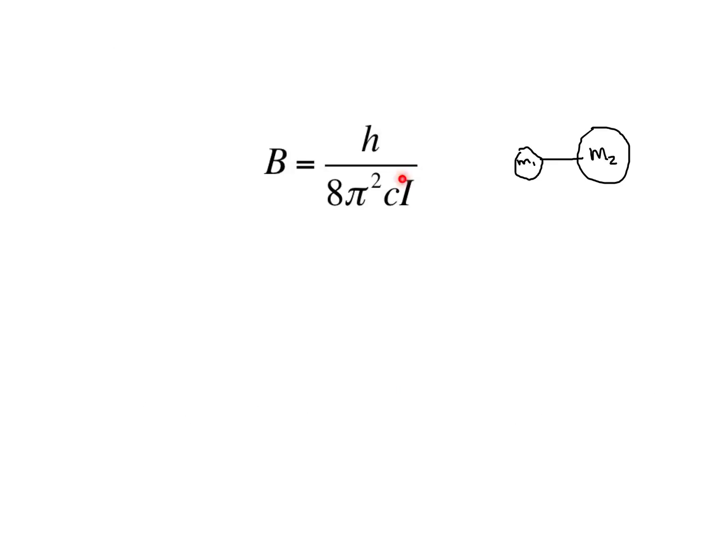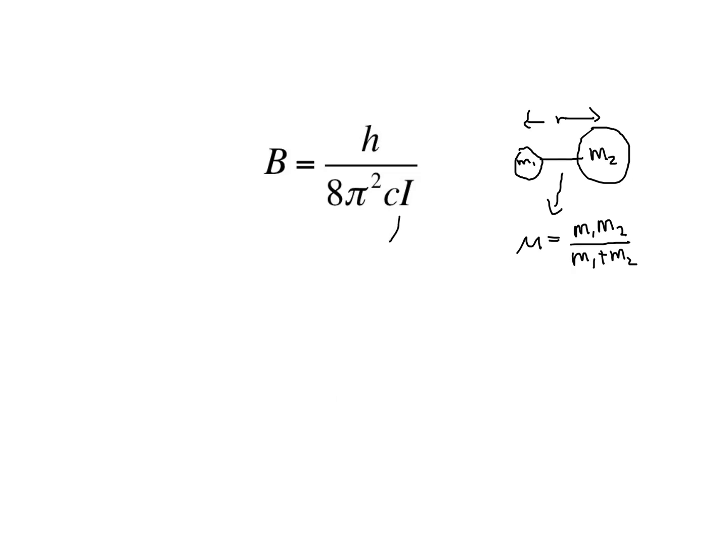The moment of inertia of my molecule, which is related to the rotational constant in a reciprocal relationship, depends on the reduced mass of my molecule. For a diatomic, the reduced mass can be calculated as the mass of one molecule times the mass of the second molecule divided by the sum of their masses, and the bond distance R between the atoms.